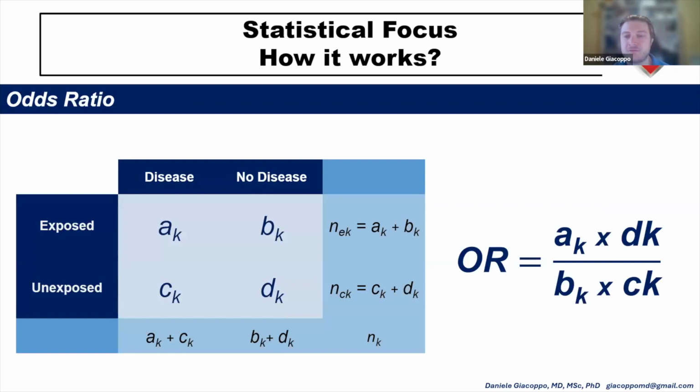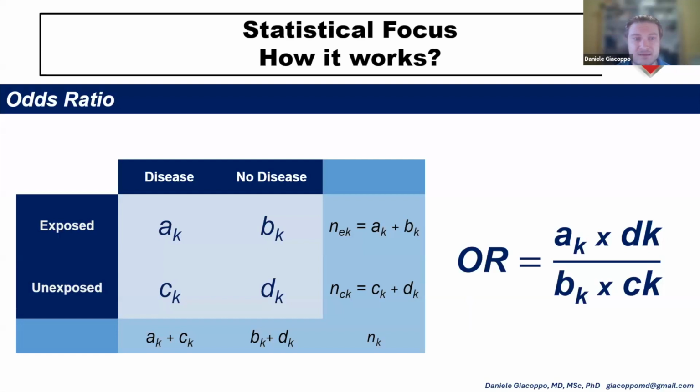What is the odds ratio? You can see this is a table, the classic standard 2x2 table that includes exposed and unexposed patients. The exposure is the treatment, and the disease is the outcome.